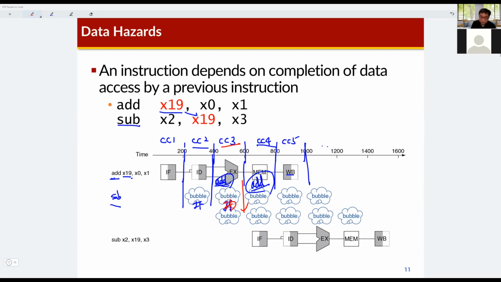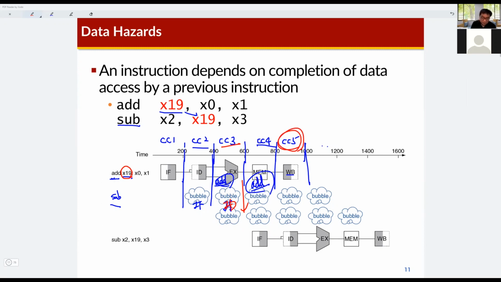But what's the matter? The required data is the result of this add instruction, and the result of this add instruction will be written at CC5.